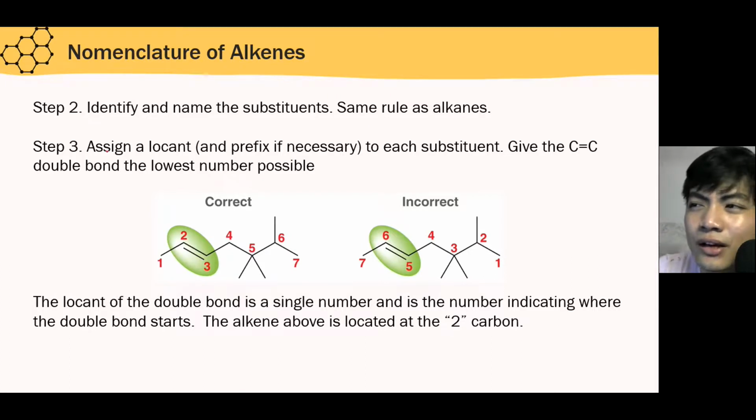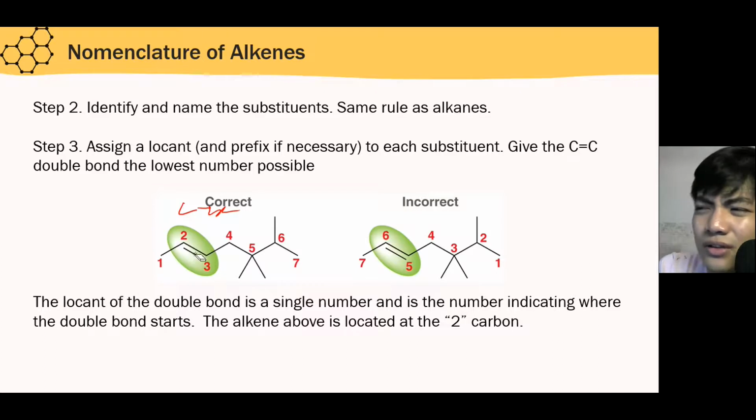Number three, we will assign the locant. Again, you need to prioritize your double bonds, okay, first before your substituents. So, unahin mo muna yung double bonds sa locants, not your substituents, okay? So for example, we have this same molecule here, but the numbering is left to right for this one, and this one's right to left.